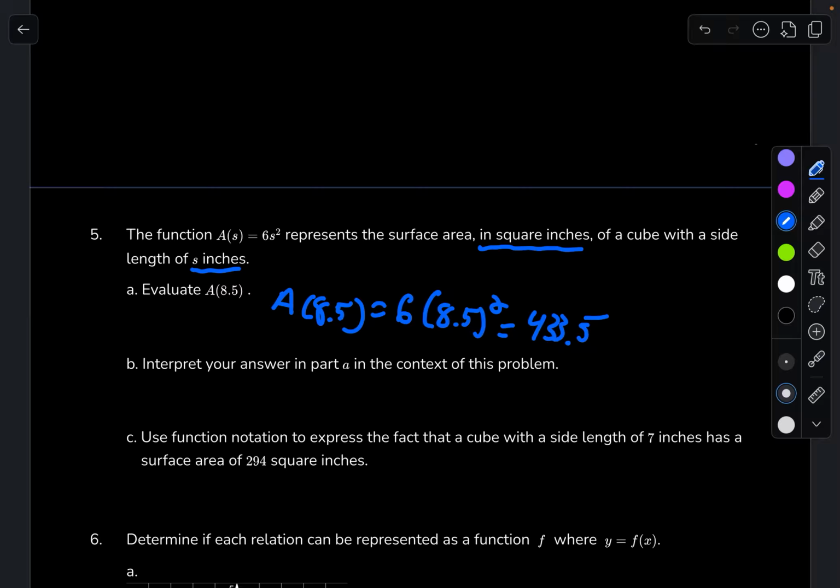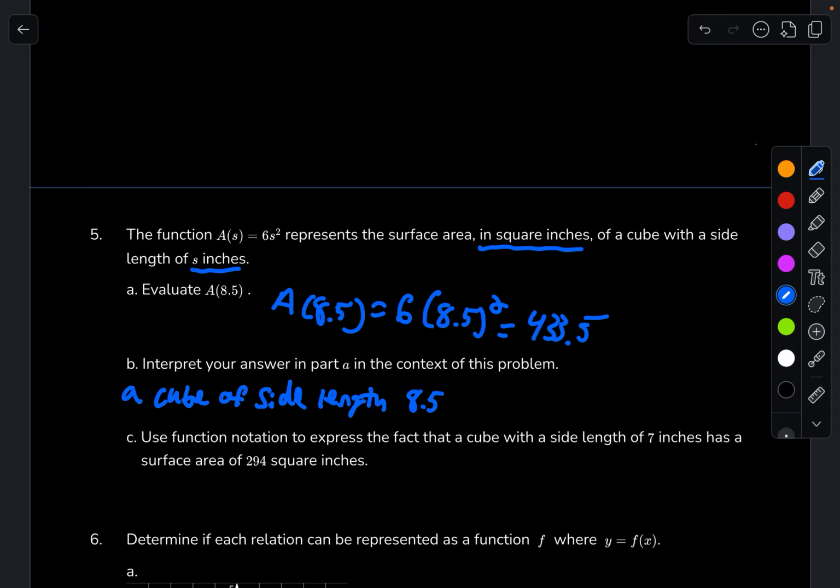So that means a cube of side length 8.5 inches has a surface area, SA, equal to 433.5 square inches, because it's inches squared, because you squared it.